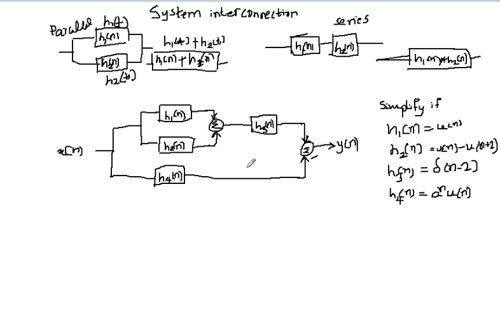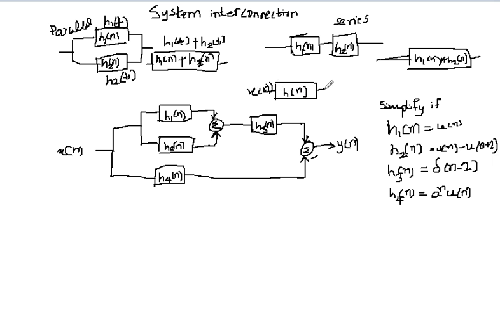Now we are given a problem wherein the values of h1, h2, h3 and the others are also given. So we need to simplify this interconnection of systems, and we have to write it as x of n going into the total transfer function of the system in the bracket. Let's say that is h of n, x of n is the input to our system, and y of n is the output.